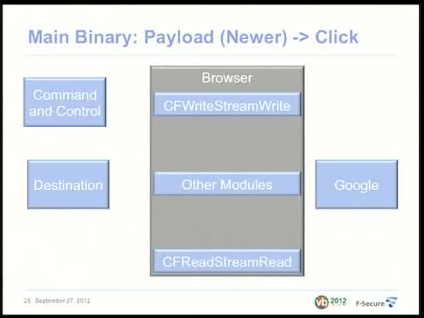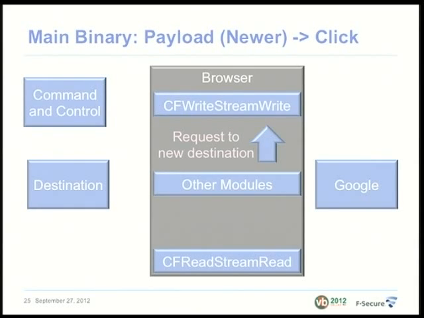So once the CFReadStreamRead hook recognizes that the response is actually caused by the CFWriteStreamWrite hook, it will hand a redirection script to the browser, which causes the browser to visit the destination or the advertiser page.